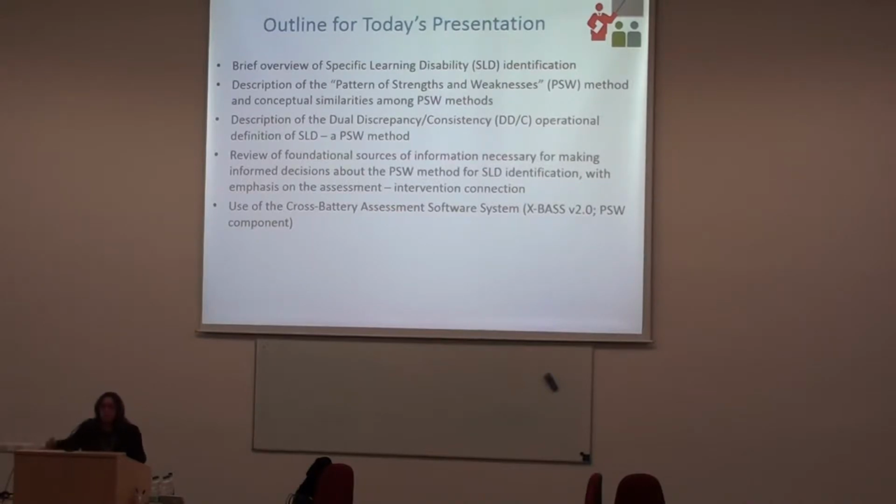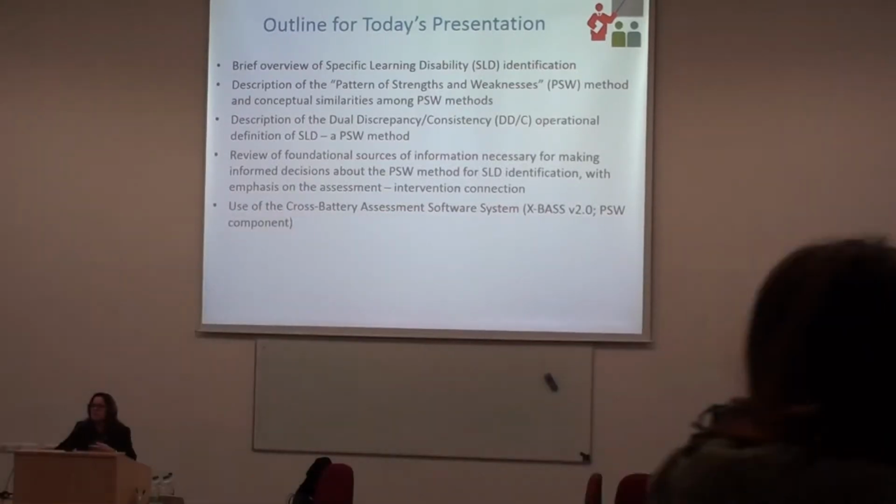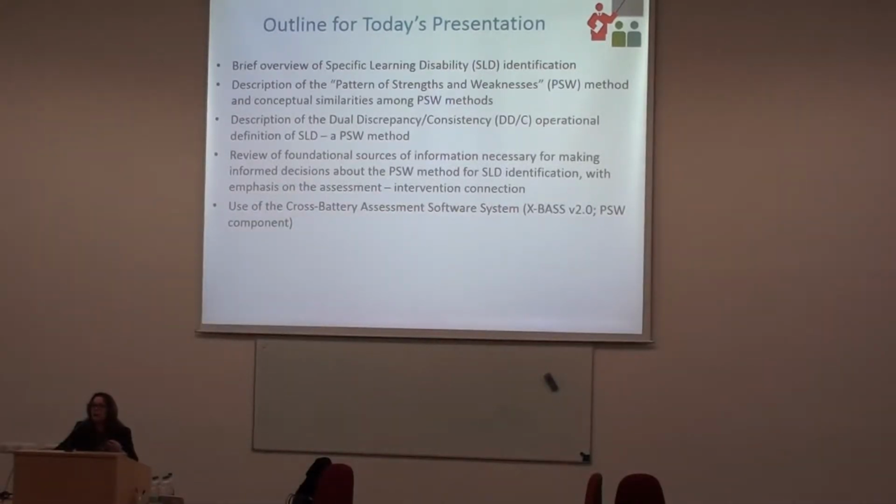So we developed a software system that you enter your data into, and then the software runs the analysis to determine if the data that you collected across cognitive abilities, neuropsychological processes, academic skills, support a pattern of strengths and weaknesses that's consistent with a specific learning disability.